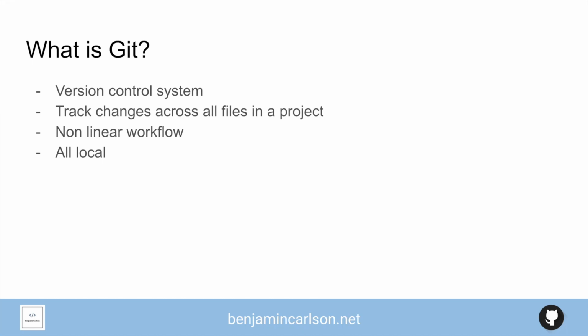So you can go off and add files to your project and then merge that into your main or master branch. Some of the benefits of non-linear workflow is it allows you to work in a team quite well because you don't need to all be working on the same version. And lastly, Git is all local, so it's all on your local machine.